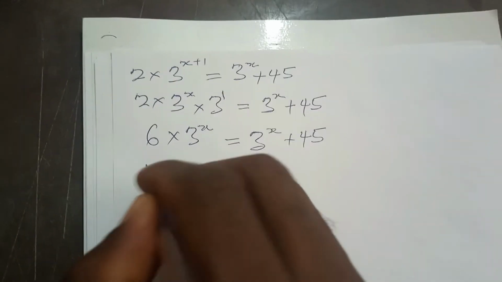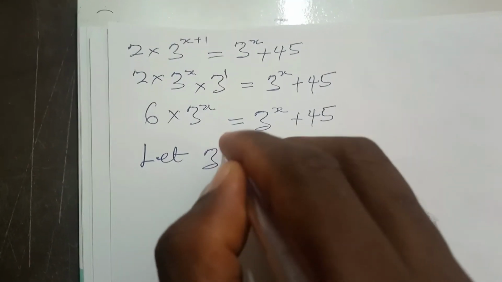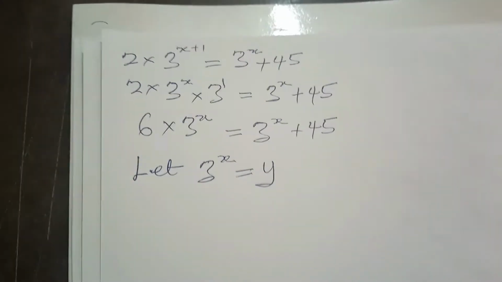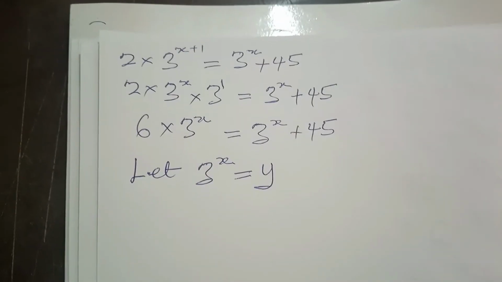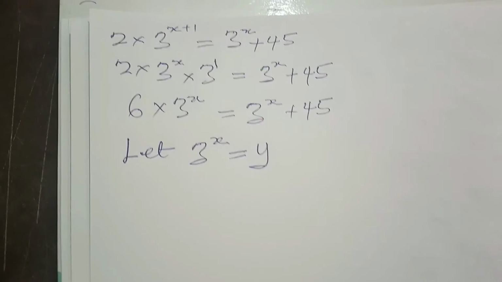That is, we will let 3 exponent x be equal to another variable, let's say y. So that wherever we see 3 exponent x, we put y. Then the whole thing becomes a linear equation where we can easily solve like we have been doing.